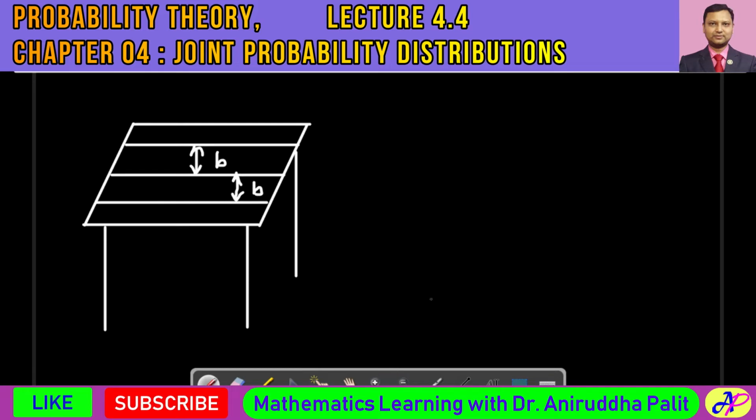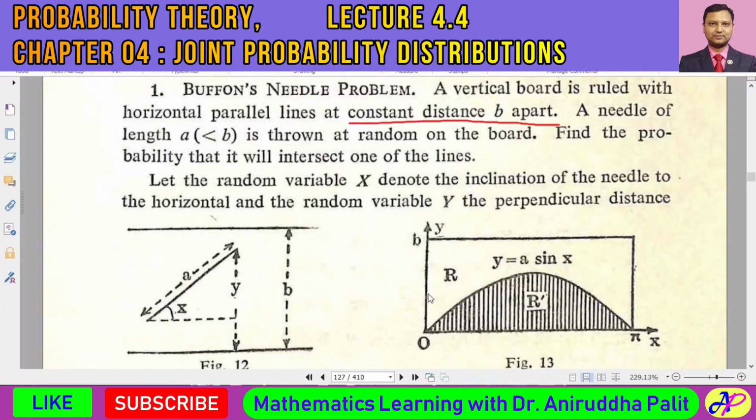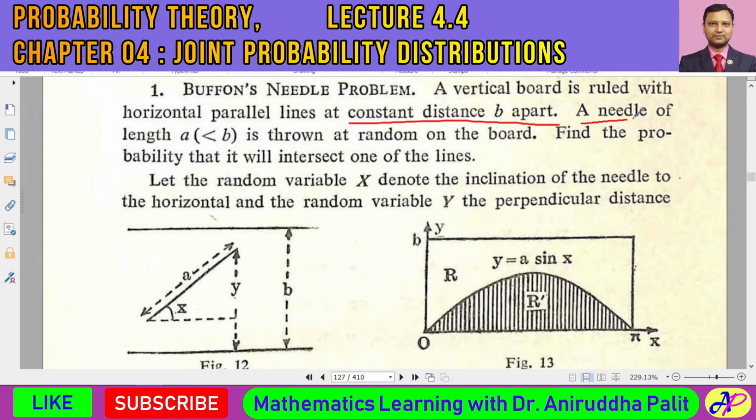Okay, and on this surface, what we need to do? It says that a needle of length a is thrown at random.